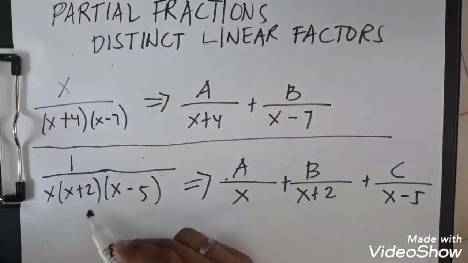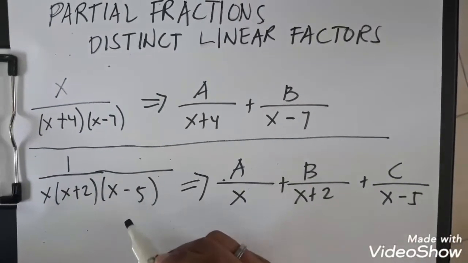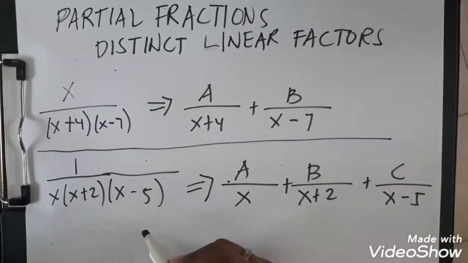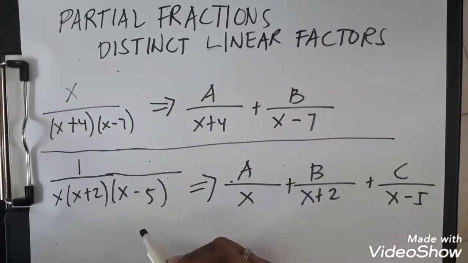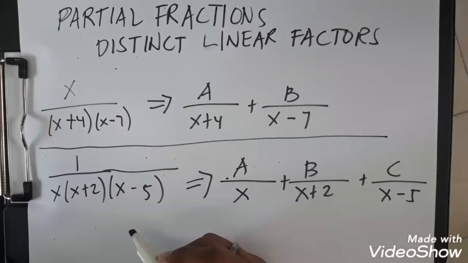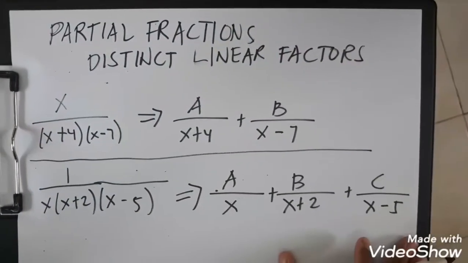The number of distinct linear factors in the denominator of the original expression determines the number of partial fractions. In this example, the presence of three factors yields three partial fractions. To find the values of the unknowns A, B, and C, first get a common denominator on the right side.